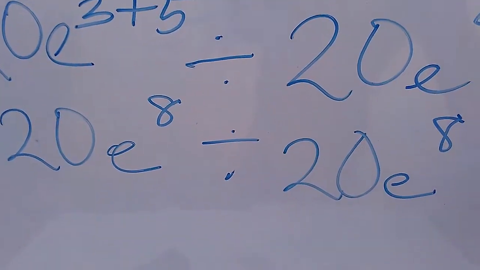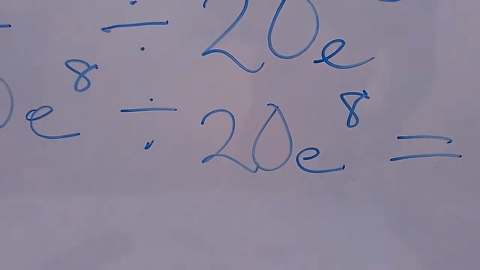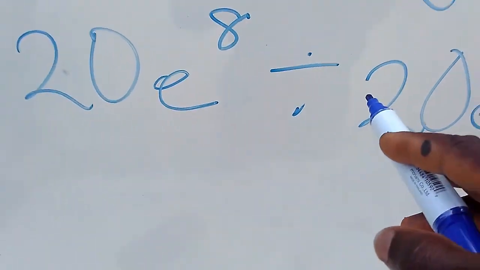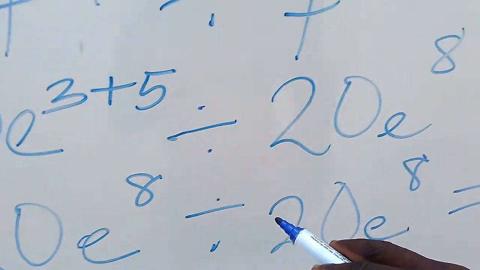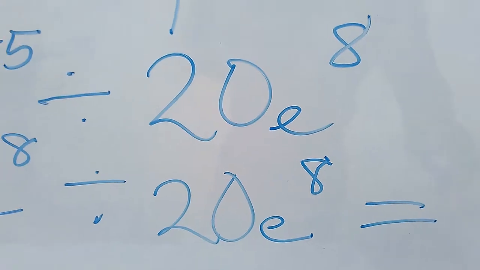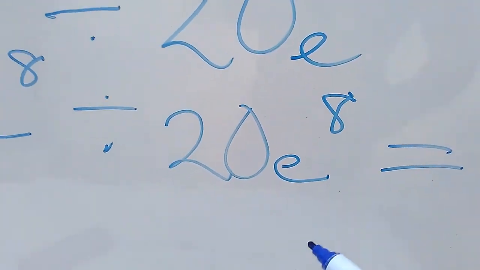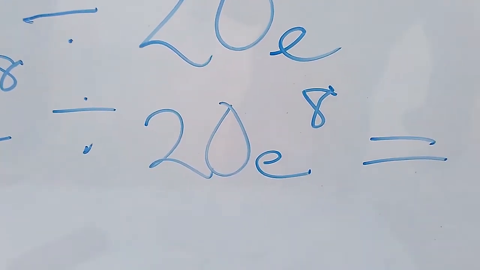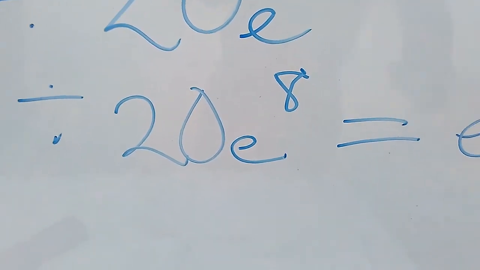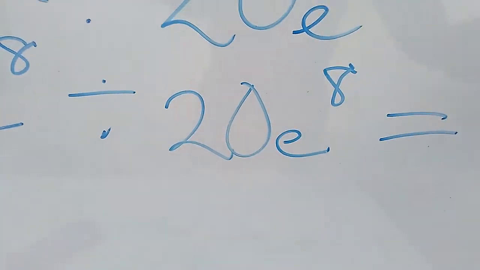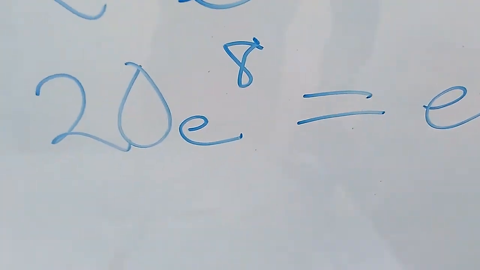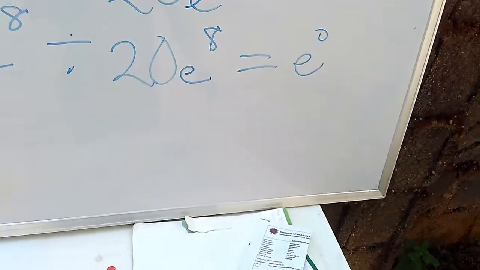And this will give us 20 minus 20, because here we are applying the second law of indices. 20 minus 20 will give us 0. Then e8 minus e8 will give us e raised to the power 8 minus 8, which is 0. So we already have e here. E raised to the power 0.